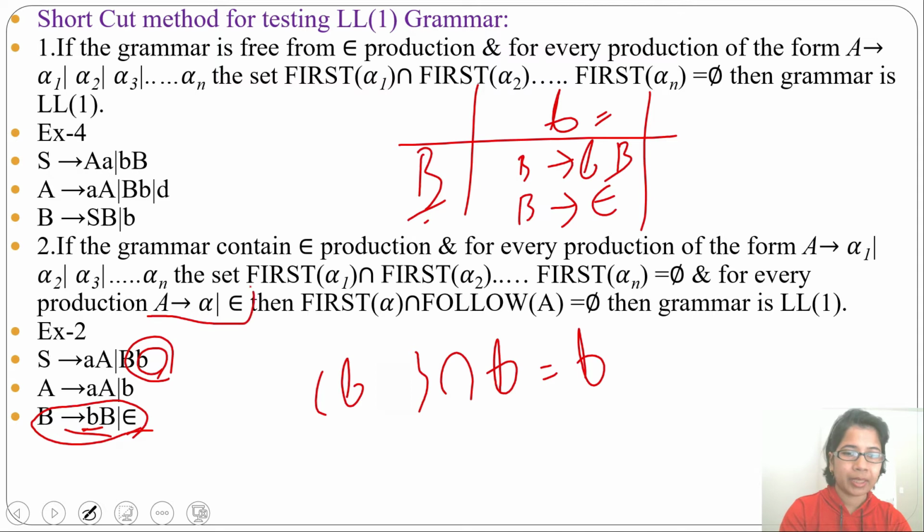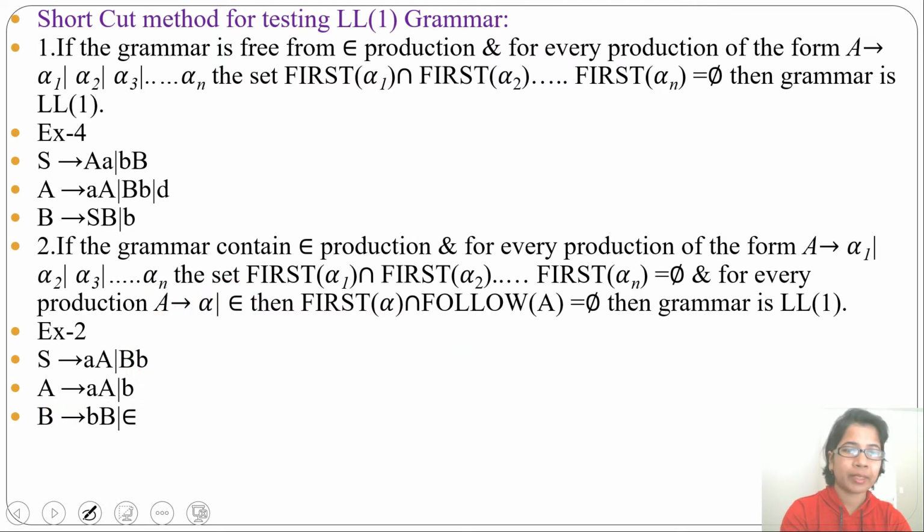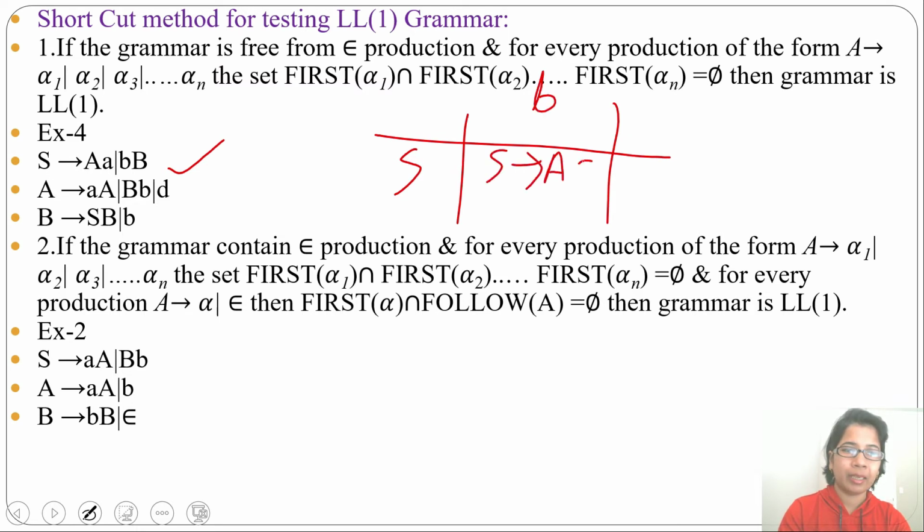If a grammar is in this format, A derives alpha or epsilon, then find first of alpha and find follow of the LHS. If there is anything common, then the grammar is not LL1. We constructed the parse table for this example also. Here this will be in S row and in b column. In b column you will write S derives AA plus you will write S derives BB.